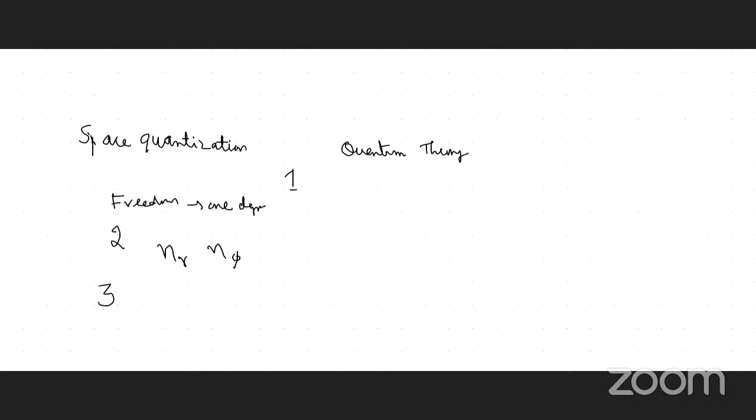The introduction of space quantization, or spatial quantization, makes the orbit vector quantized. For this purpose, we need a certain preferred direction with respect to which the orbit may receive its orientation.